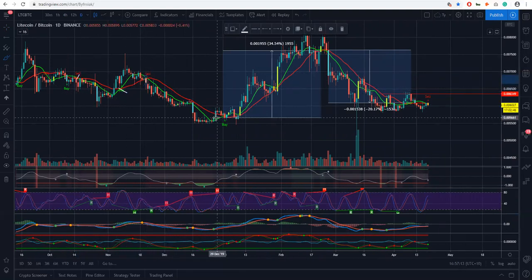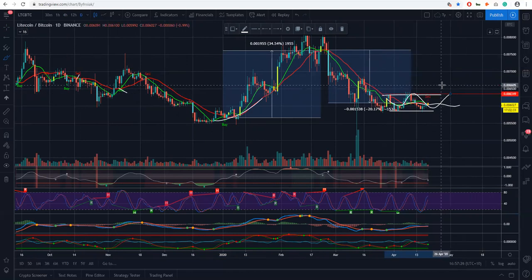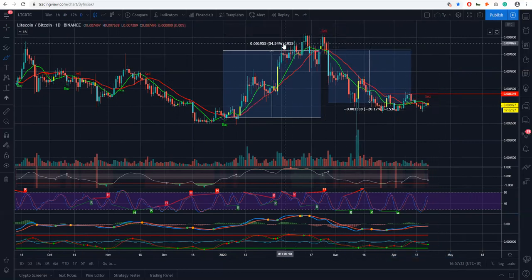You've got to look at the arc of the SMAs. Is it a sharp arc? Or are we simply just floating within a range here? Although that would be a great range, don't get me wrong, if you are trading on the daily time frames, you want a little bit more confluence that an entry or an exit signal is valid.